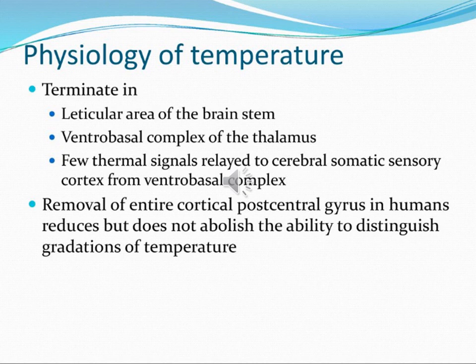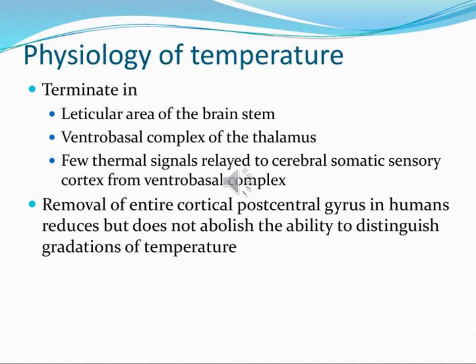These ascending fibers, that is the second order neurons, then finally terminate mainly in the reticular areas of the brainstem and the ventrobasal complex of the thalamus. Some of the thermal signals are relayed to the cerebral somatosensory cortex from the ventrobasal complex. This is the S1 area of the cortex.